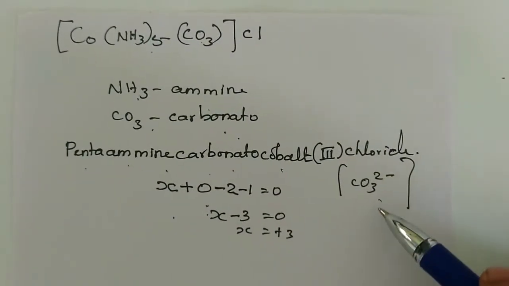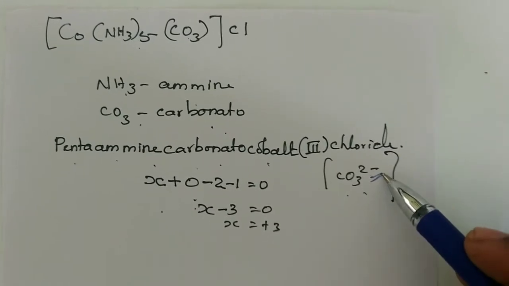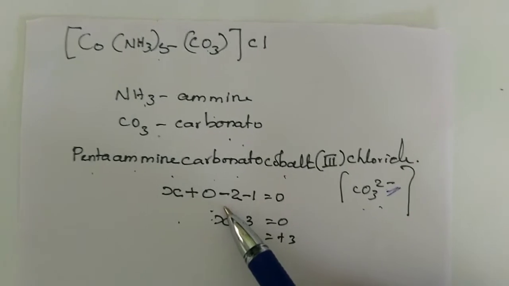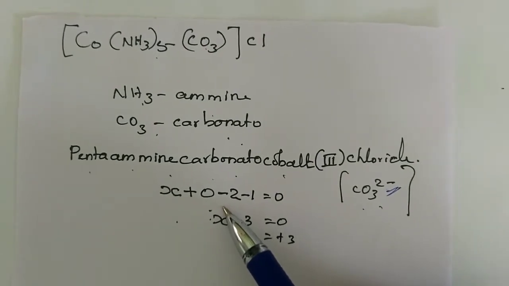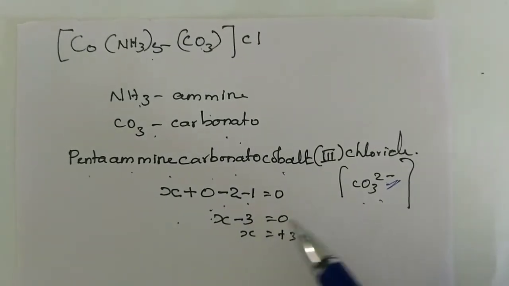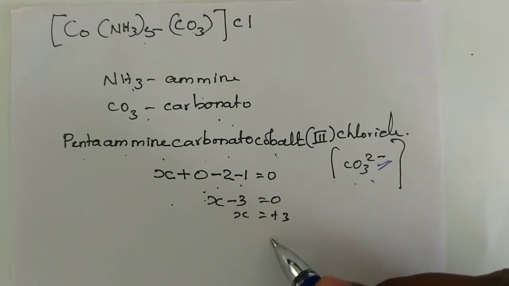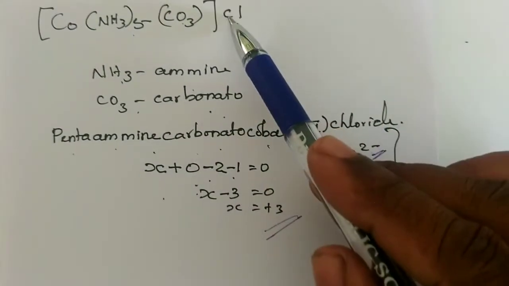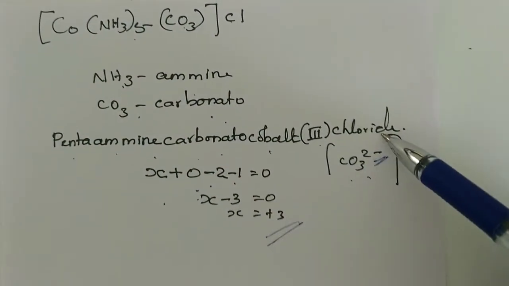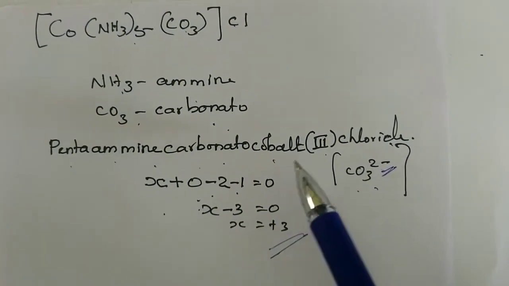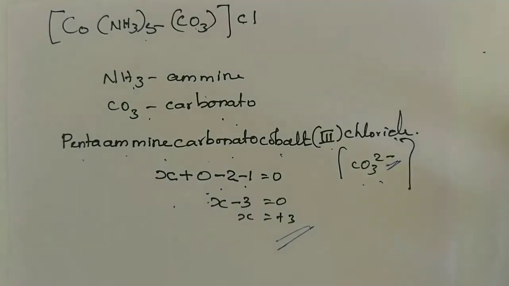The carbonate ion is CO3 2-, so the charge is minus 2. For chlorine, that is minus 1. So X minus 3 equals 0, X equals +3. So cobalt(III). Now we write the name of this Cl, that is chloride. So the name is pentaamine carbonato cobalt(III) chloride.